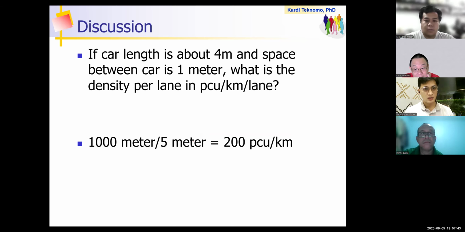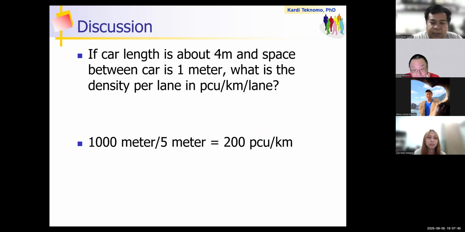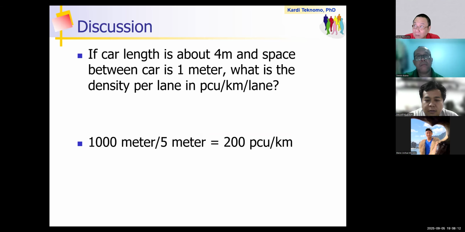Yes, Ken. Hi, sir. Question. You mentioned that for pedestrians it's quite hard, but would it be possible to use the area of an umbrella to signify the area occupied by a pedestrian? Umbrella is bigger than the actual person. Can you measure from the left shoulder to the right shoulder, how many centimeters?